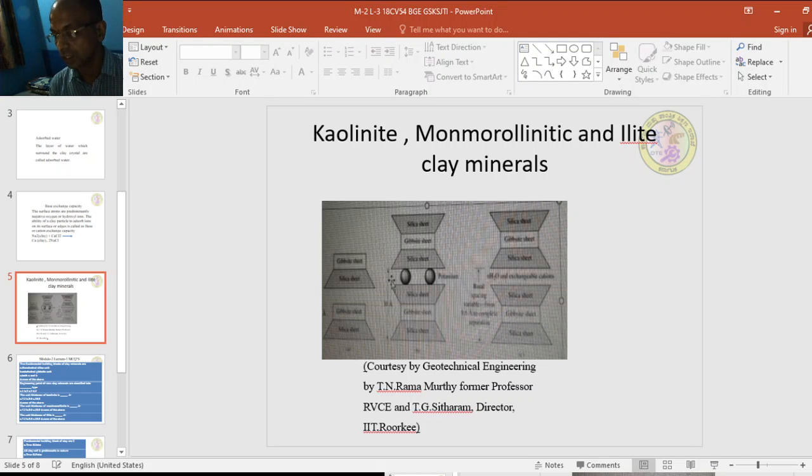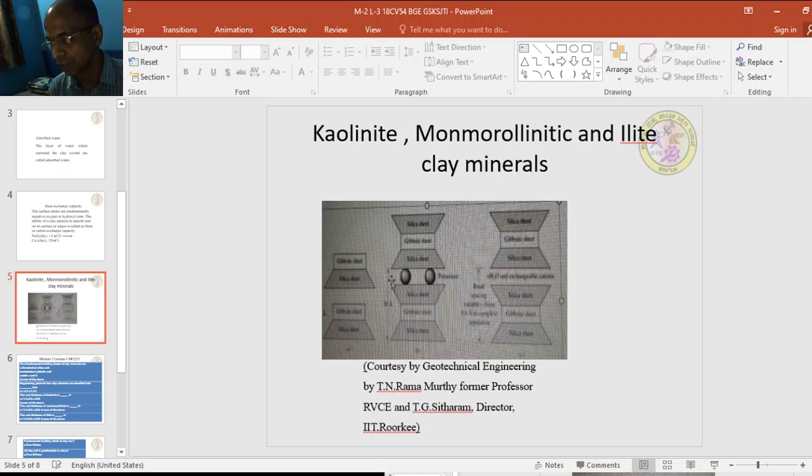That means the outer surface of each unit is exposed to silica. So when two such units come close together, a repulsion takes place, and that gap gets filled by water. As water is a weak secondary bond, exchangeable ions will be there.